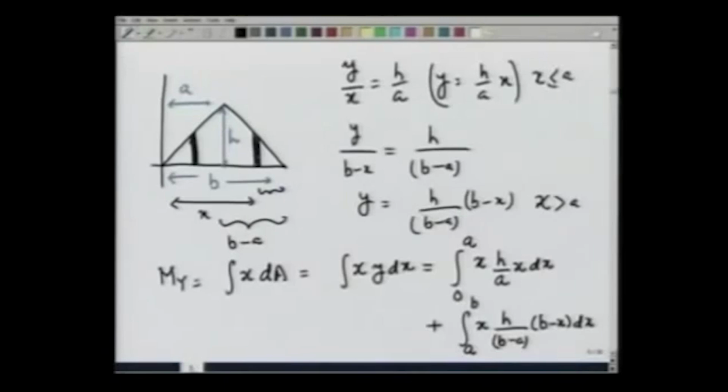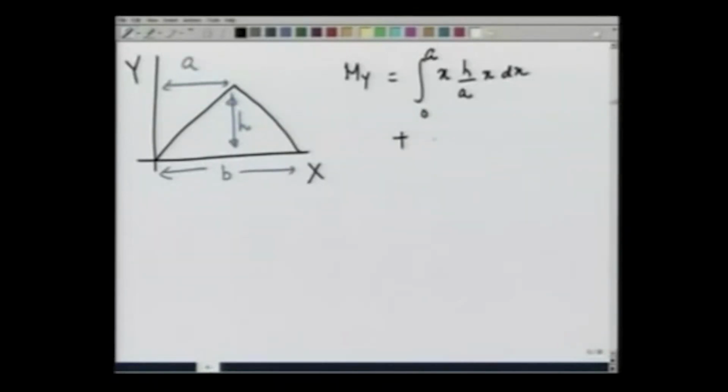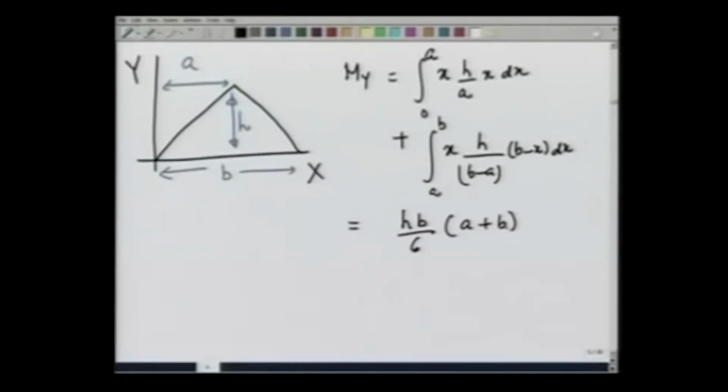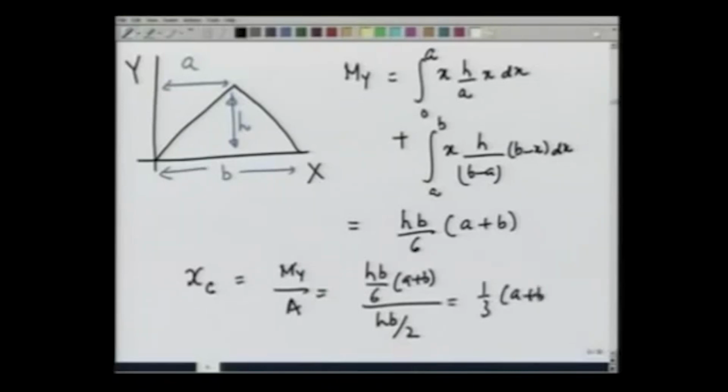Let me see, I indeed wrote h over a, yes, and plus a to b x h over b minus a times b minus x dx, and when you do this integration, it comes out to be h b divided by 6 times a plus b, and therefore, x centroid is equal to m y divided by the area, which is h b over 6 times a plus b divided by h b divided by 2, and this comes out to be 1/3 of a plus b.